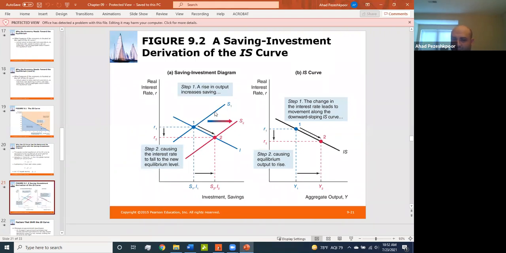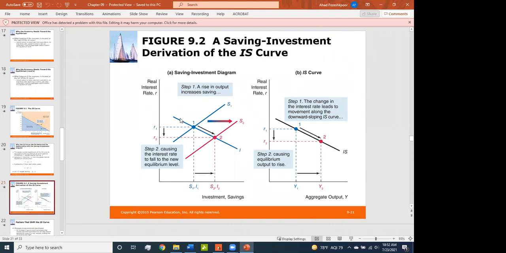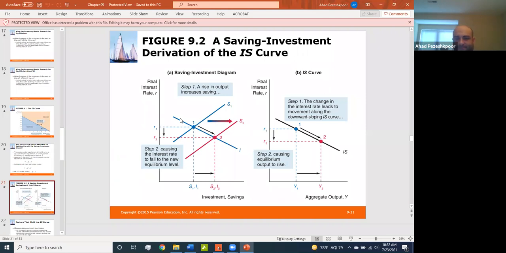If there is a rightward shift for your savings curve, what would happen to your interest rate? Would it go down? Go down, yes. So now you're here at a new equilibrium with a lower interest rate because of a rise in output.